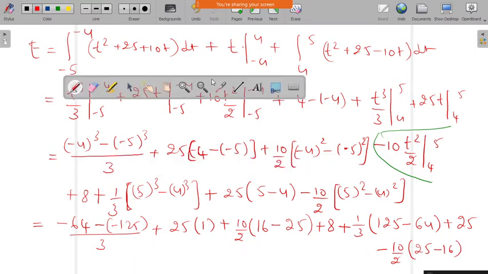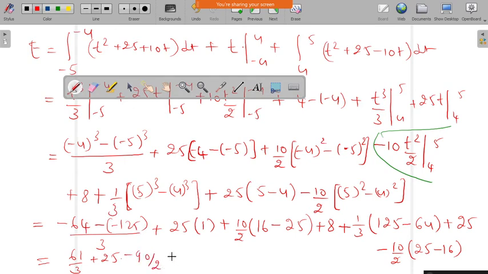Then simplify this one. What is the value? Finally write it. So minus of minus is plus, so plus 125 minus 64, so it will come around 61 by 3. Okay, plus 25, plus, so here it is minus 9, minus 90 by 2, that is what you are going to get.